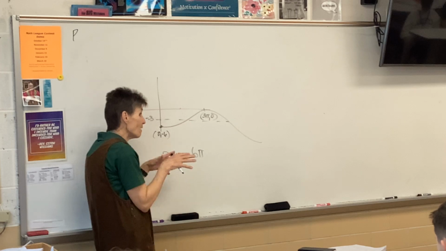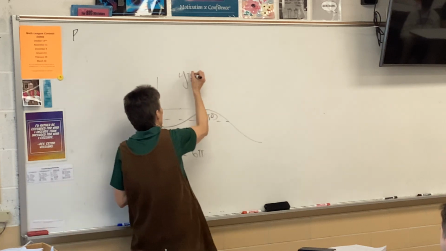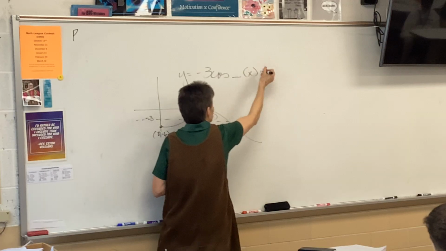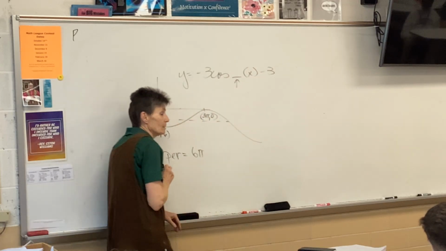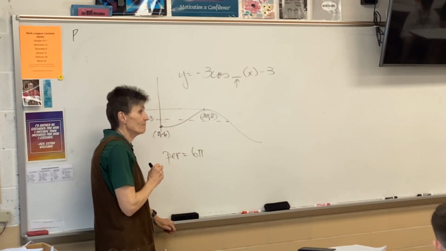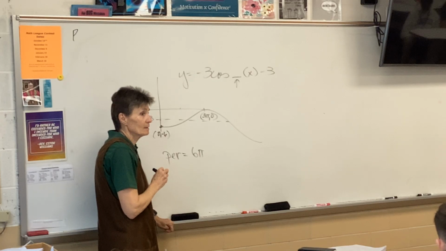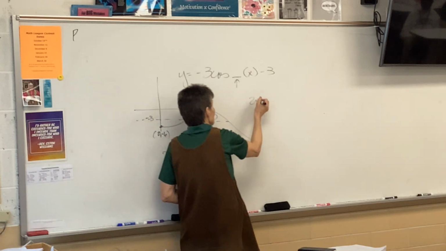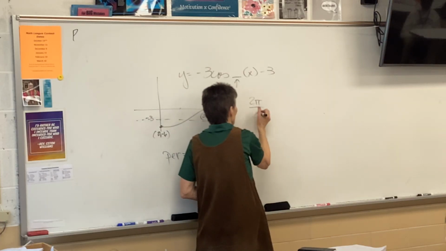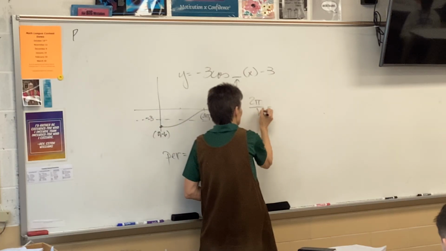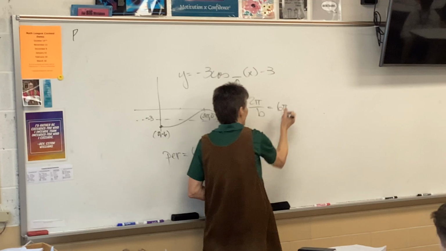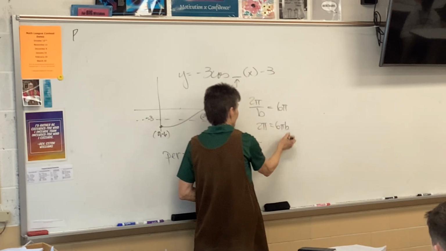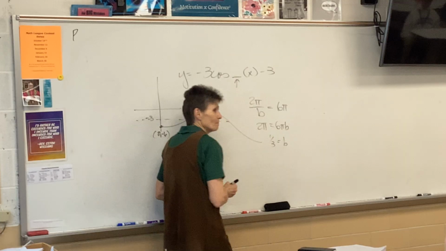So whatever number is right here, it has to divide 2 pi and give me 6 pi. So 2 pi divided by what is going to give me 6 pi? 1/3?